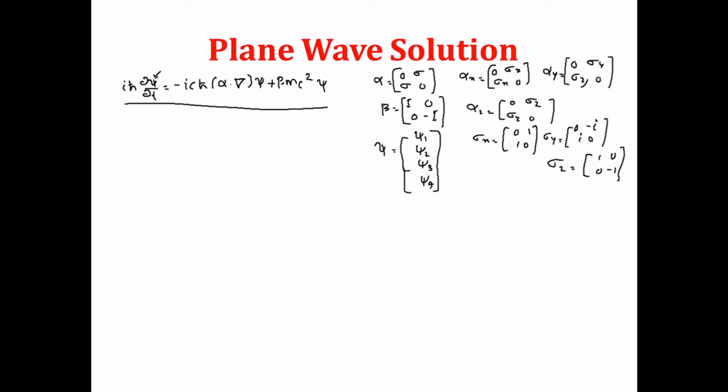So when you substitute the values of psi, alpha and beta, you will correspondingly get 4 equations. With these 4 by 4 matrices for alpha and beta, and a column vector with 4 rows for psi, this Dirac equation is equivalent to 4 simultaneous first order differential equations that are linear and homogeneous in the 4 components psi 1, psi 2, psi 3 and psi 4.